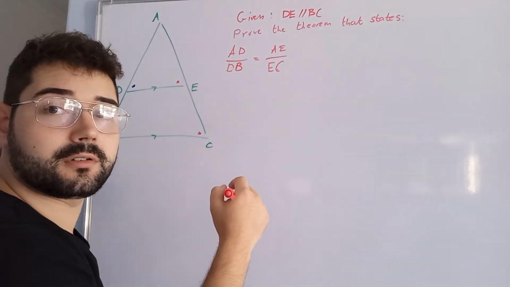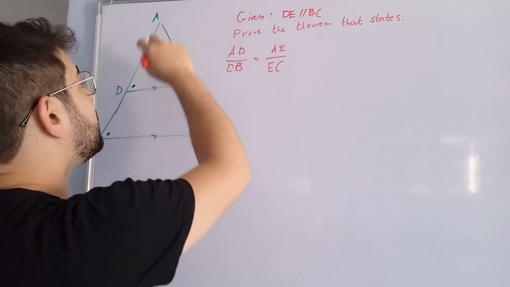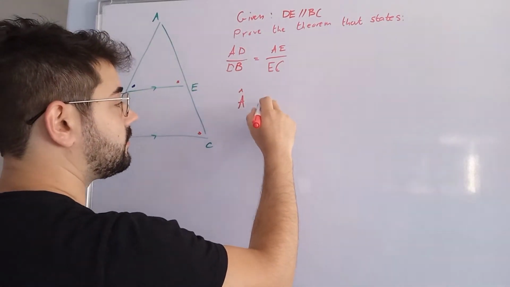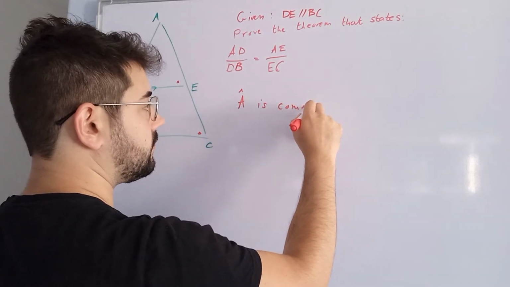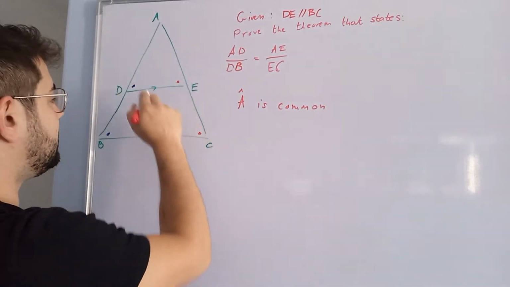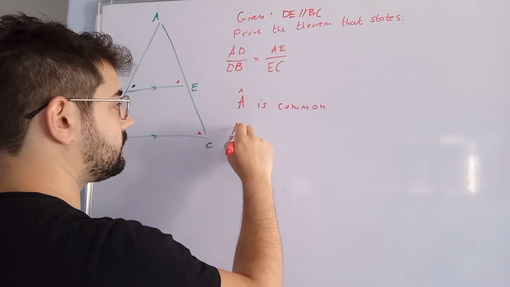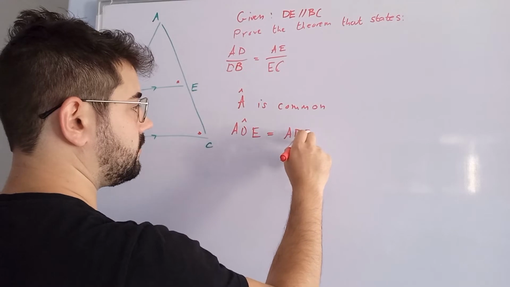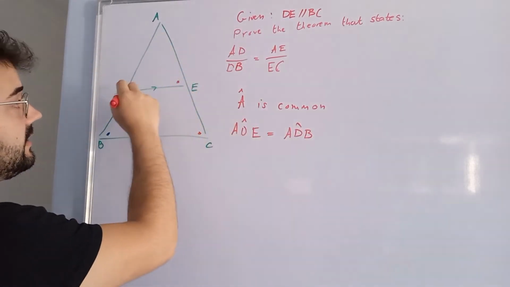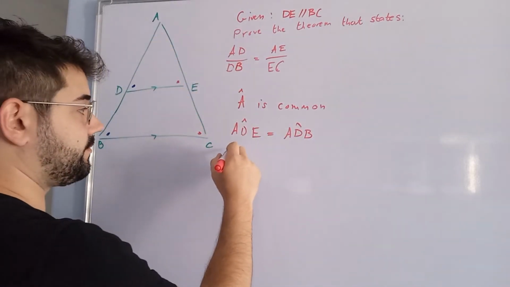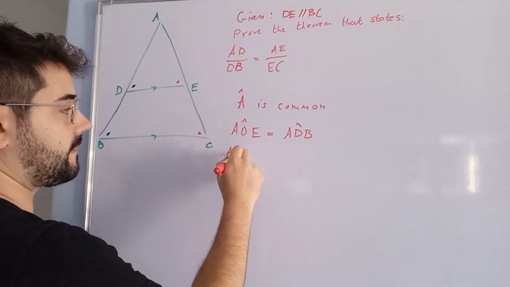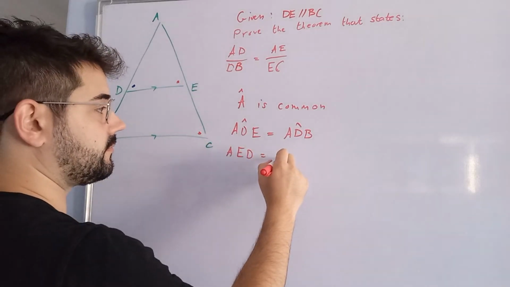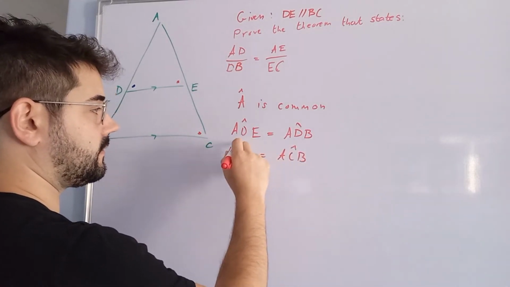So angle A is common. Angle ADE is equal to angle ABC, and angle AED is equal to angle ACB.